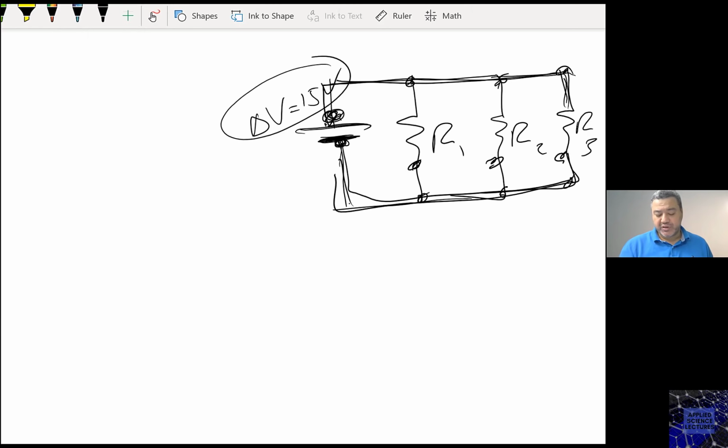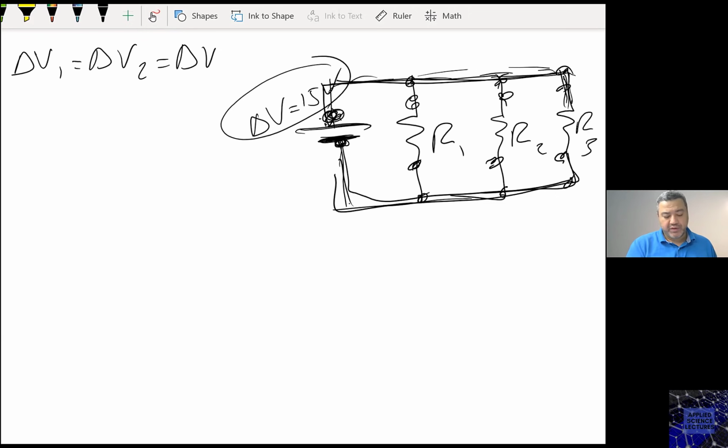The same potential would be here, here, here. It will be the same anywhere on that wire. So the potential difference across R1, across R2, and across R3 equals 15 volts. So I have delta V1 equals delta V2 equals delta V3 equals delta V equals 15 volts. So this is A.